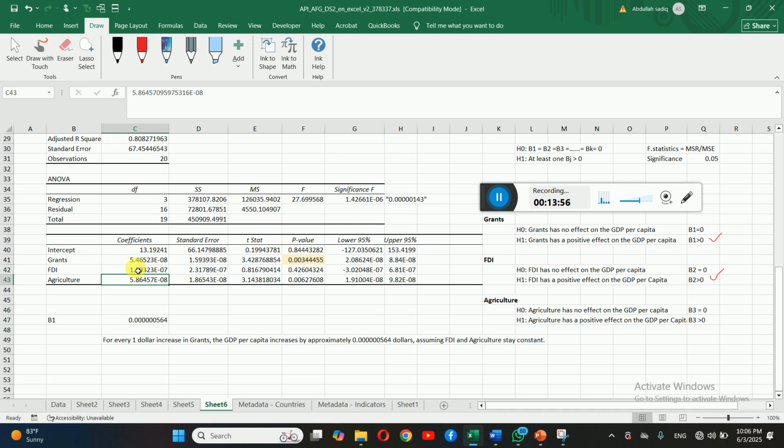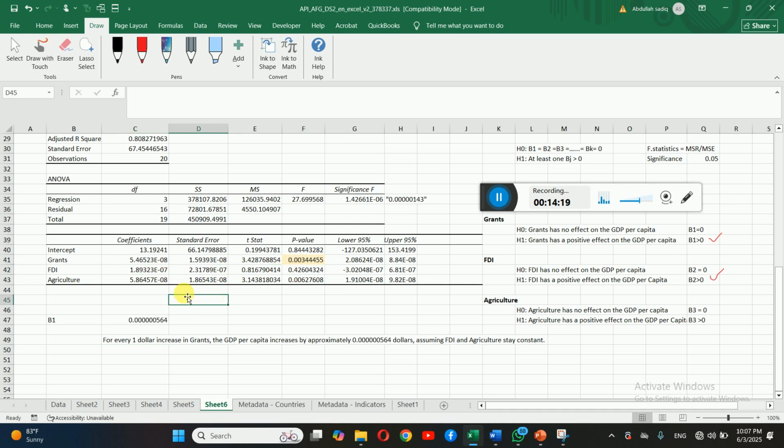And for FDI, you can say, okay, but one point, this is just forgotten. For every dollar increase in grants, the GDP per capita increases by approximately, but keep in mind, this increase is statistically significant, but the interpretation for FDI is not significant.